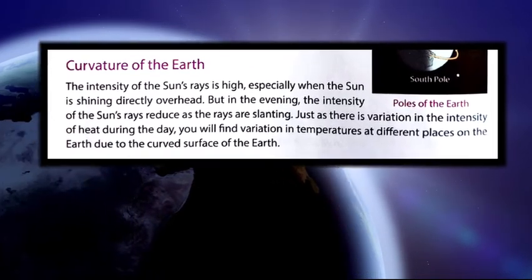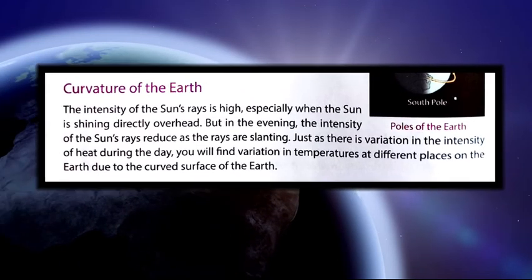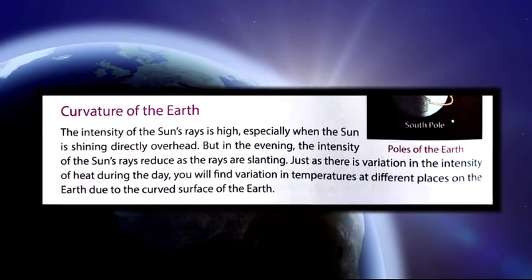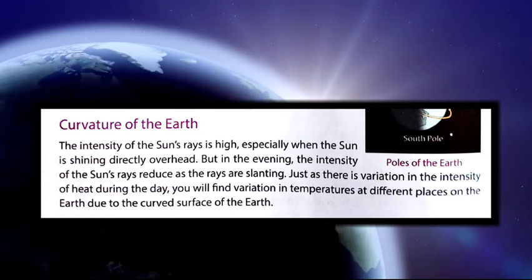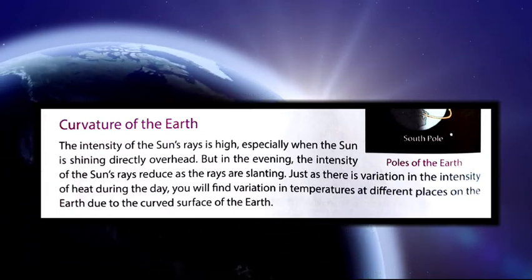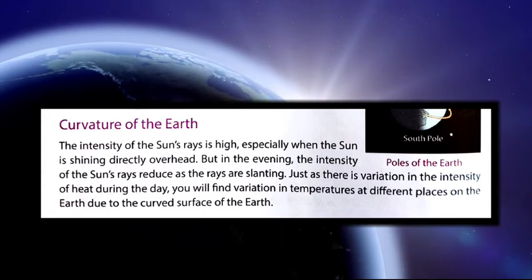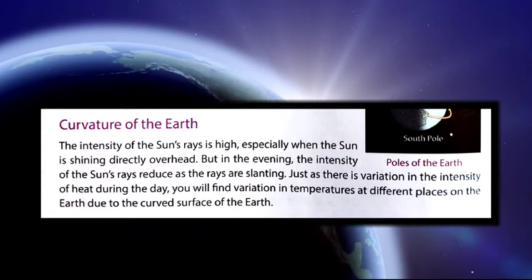Curvature of the earth. The intensity of the sun's rays is high, especially when the sun is shining directly overhead. But in the evening, the intensity of the sun's rays reduces as the rays are slanting.